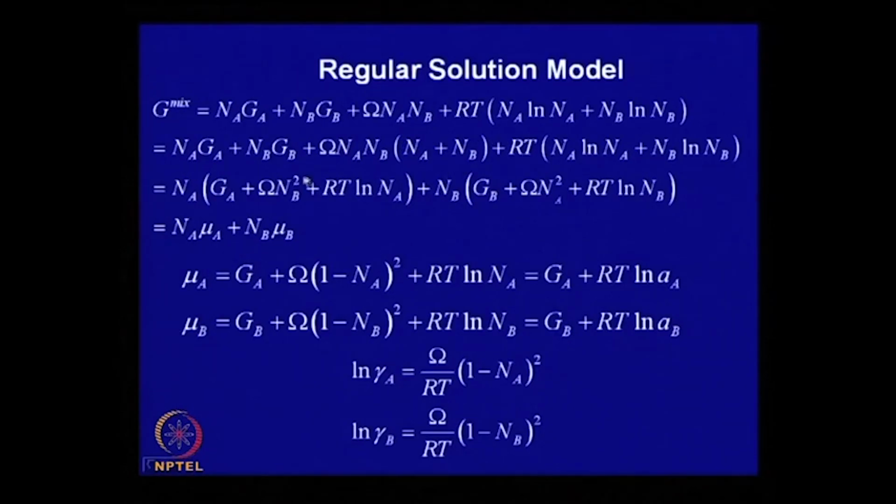If you substitute this and do a little algebraic simplification, here what we have done is multiplied this by Na plus Nb. These are atom fraction A and atom fraction B, and they add up to 1. Then this Nb square times Na is clubbed with this, and the entire expression can be algebraically simplified and written like this. So you now have two parts.